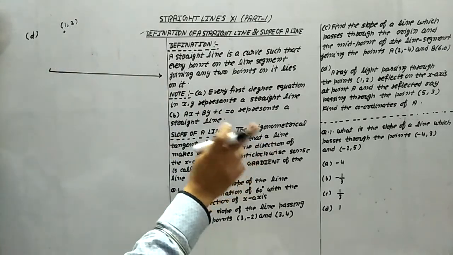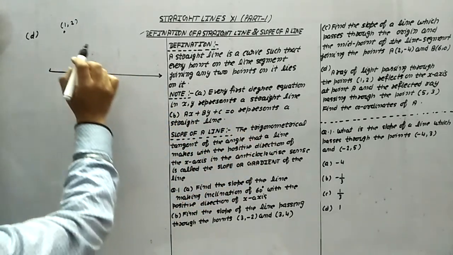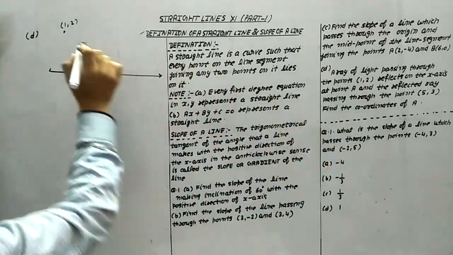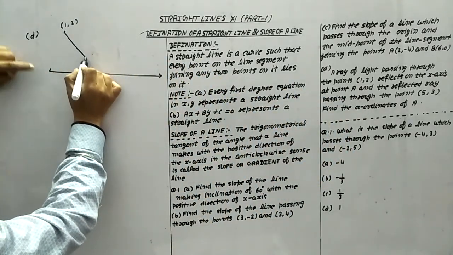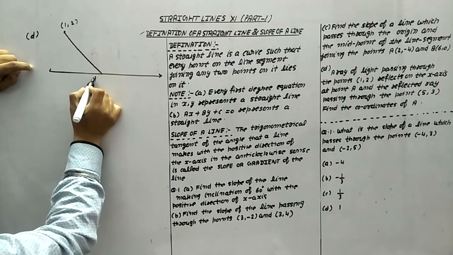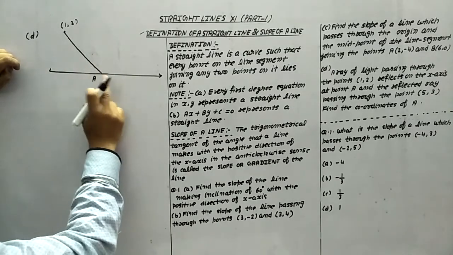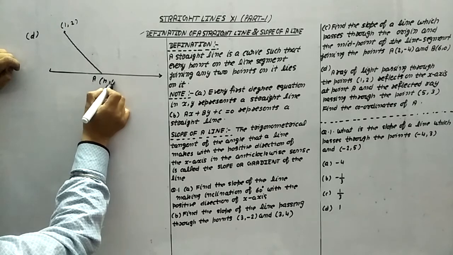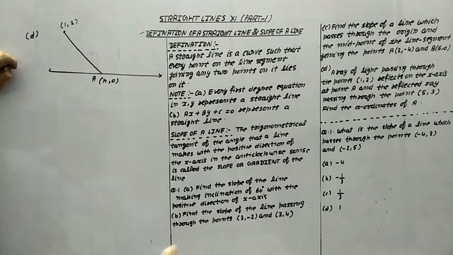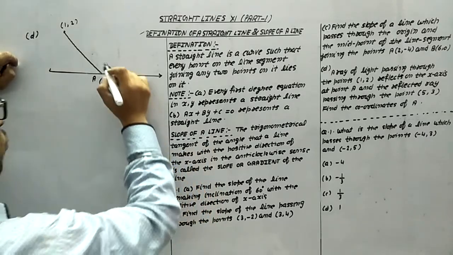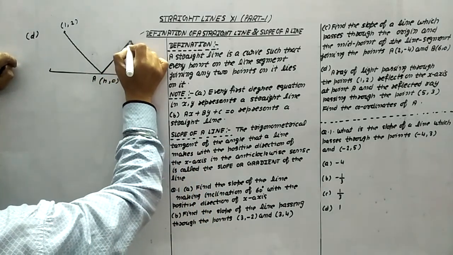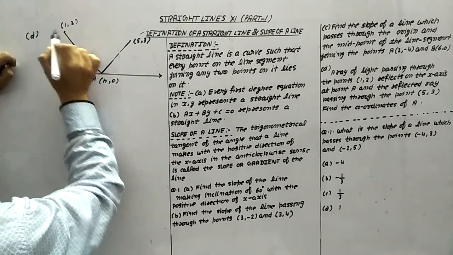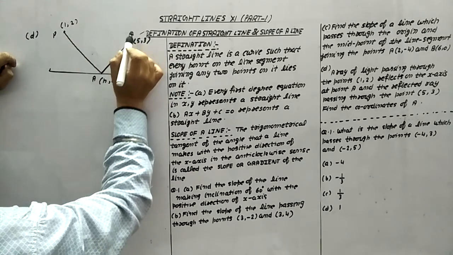A ray of light passing through the point (1, 2) reflects on the x-axis at a point A. Because it reflects on the x-axis, let us suppose the coordinates of this point are (h, 0). The reflected ray passes through the point (5, 3). Let us suppose this is P and this is Q.